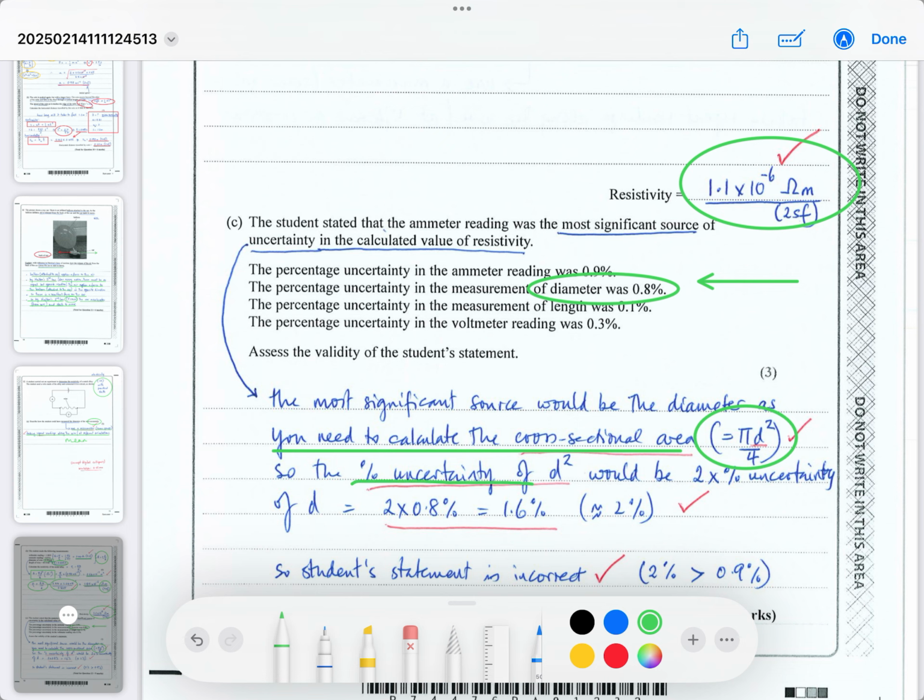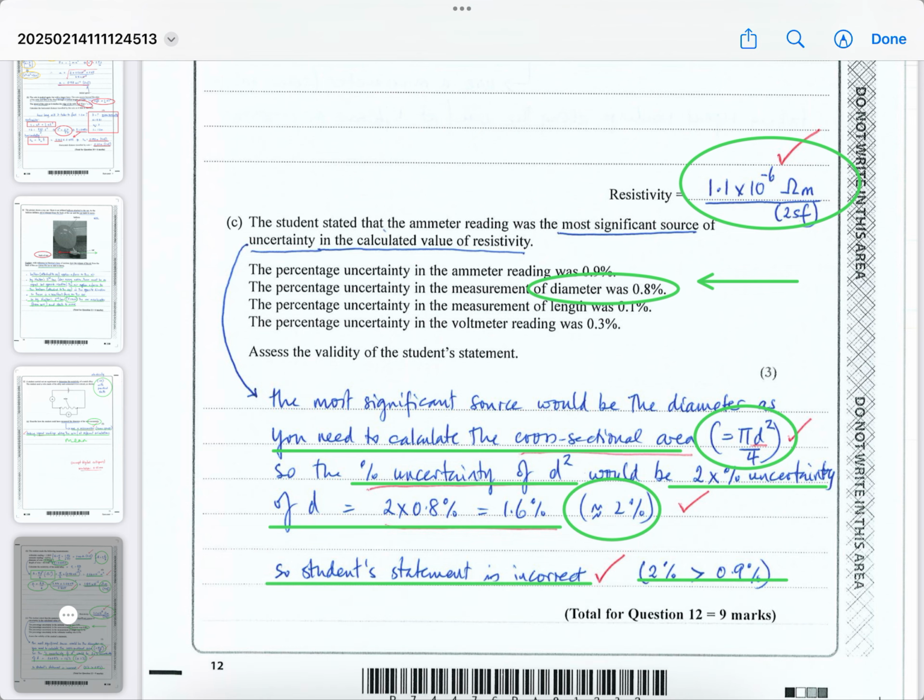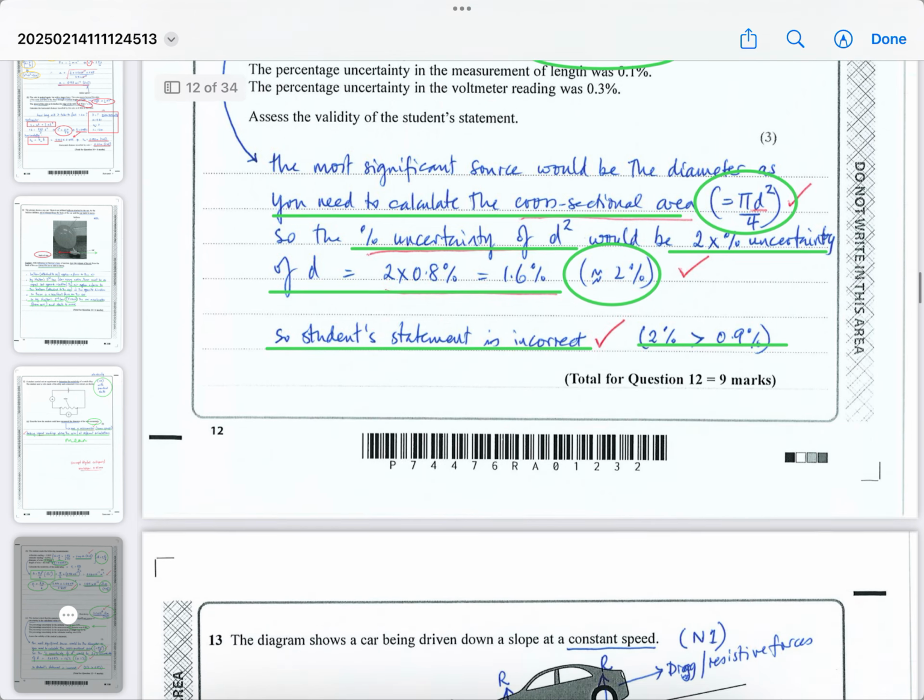So the percentage uncertainty of d squared would be twice the percentage uncertainty of d, which is 1.6%, approximately 2%. It's certainly more than the 0.9%. So the student's statement is incorrect, as 1.6% is greater than 0.9%. And that gets you the 9 marks. Hope that makes sense.